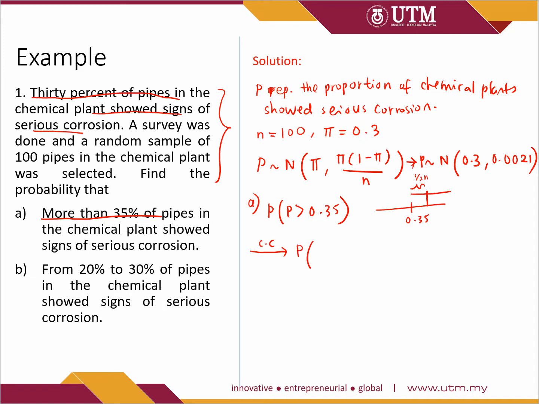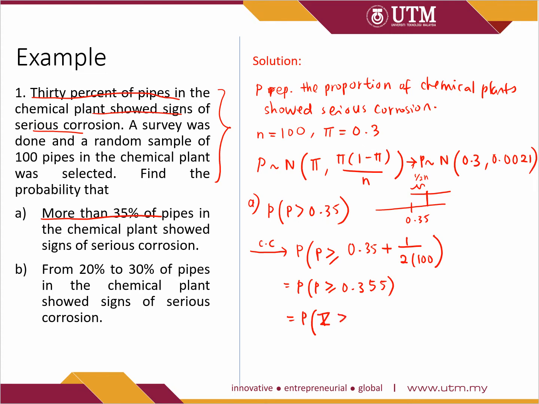So P will be P greater than or equal to 0.35 plus 1 over 2 times n, which is equal to the probability of proportion greater than or equal to 0.355.